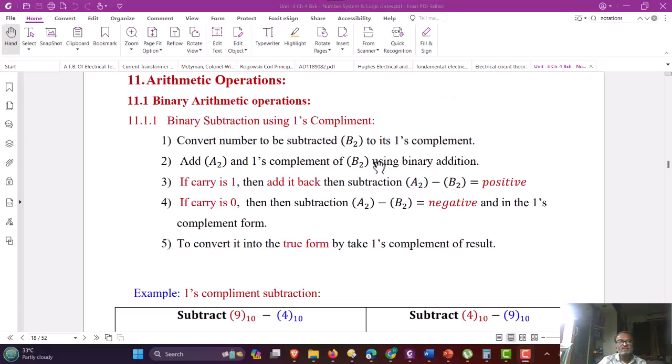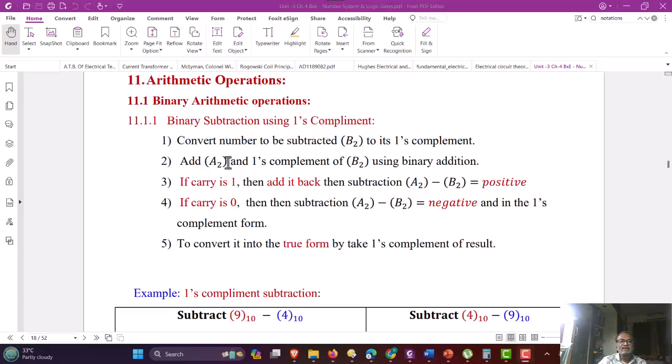The procedure for performing the 1's complement operation is summarized here. Then we will see the example. If you have two numbers to be subtracted, then convert the number to be subtracted, say B2, to 1's complement. We want to subtract this number from, say, number A2.